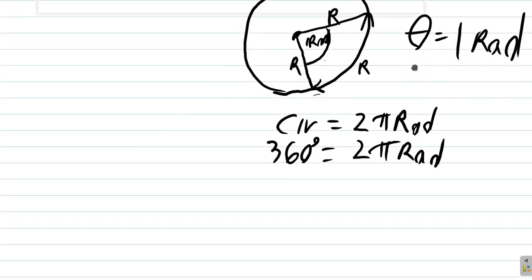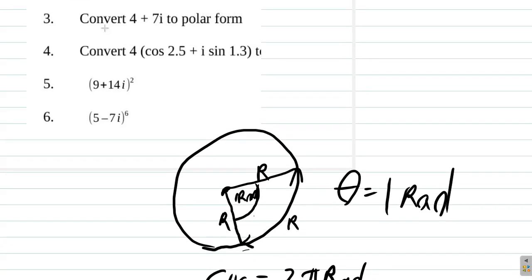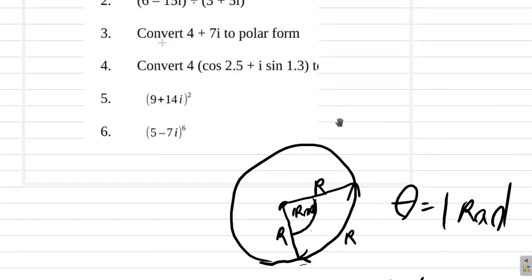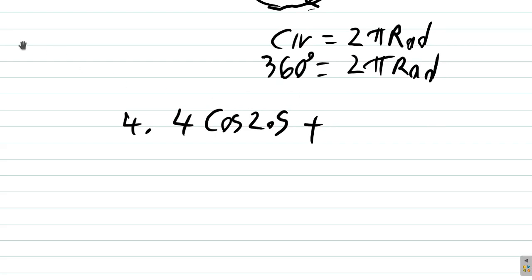So you have 4 cos 2.5, this is question 4. For question 4, you have 4 cos 2.5 plus 4i sine 1.3.